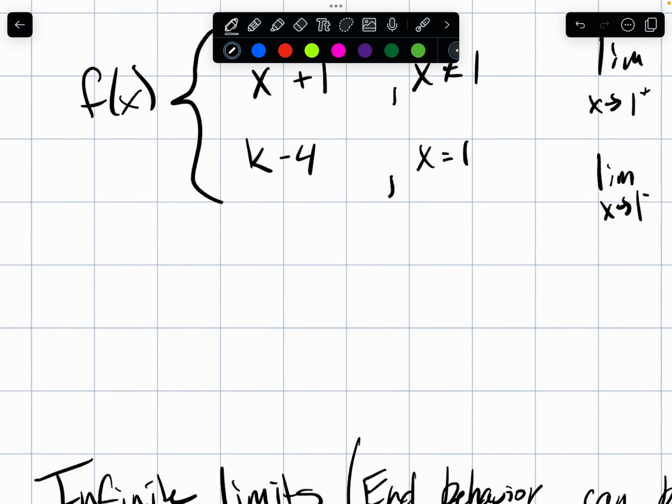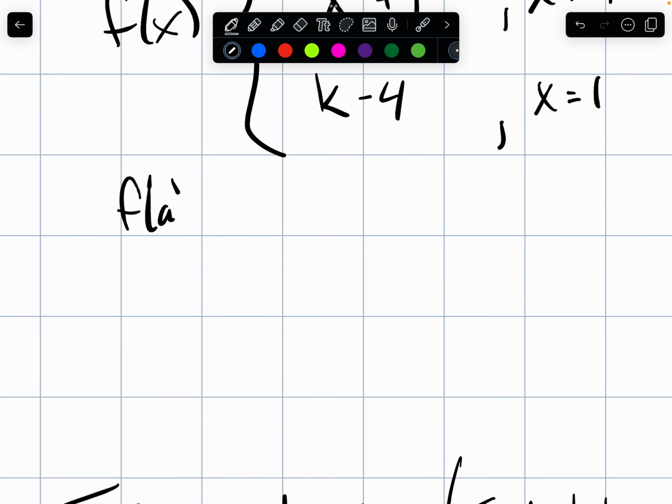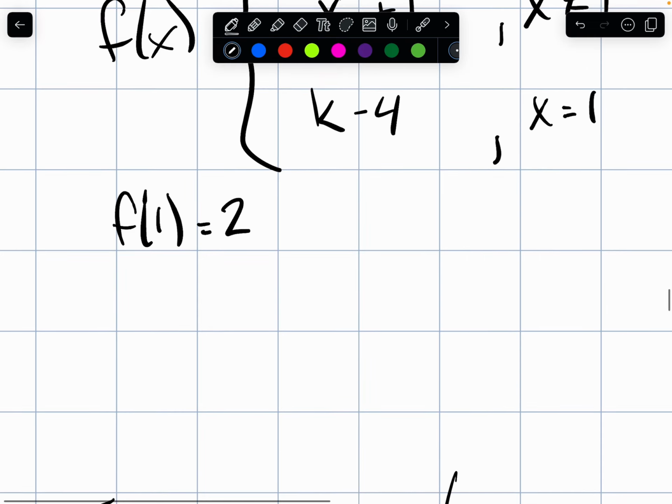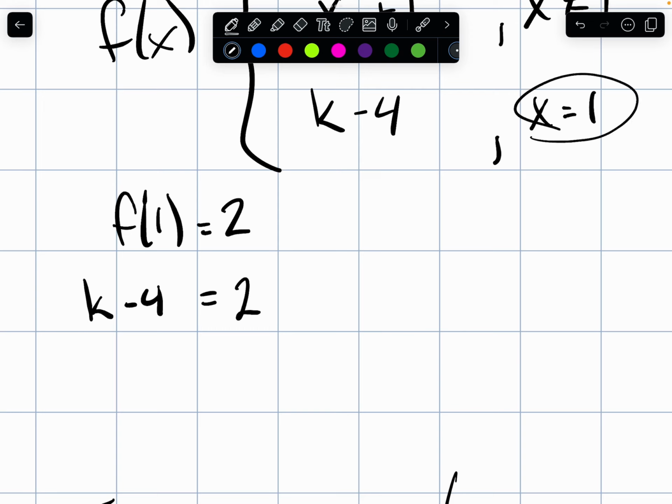So I know that f of 1 should equal 2. Or f of 1 can also be written as k minus 4. If I were to plug in 1 with this piecewise, I get k minus 4 is what I have to use. So I know now that k is equal to 6.